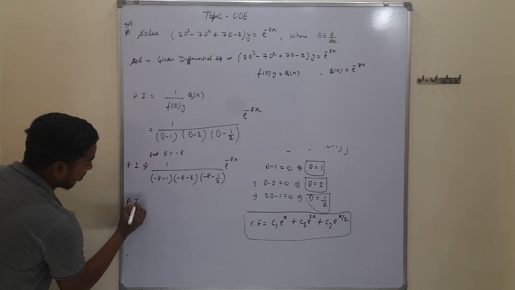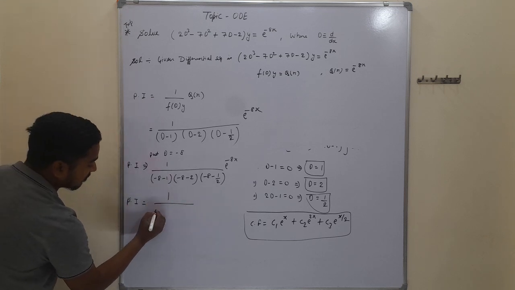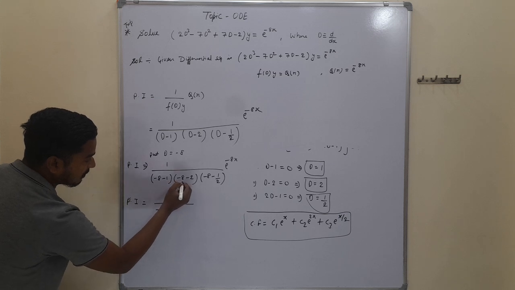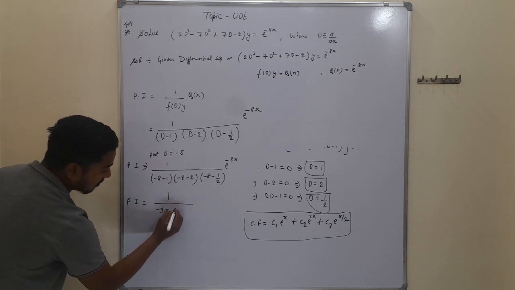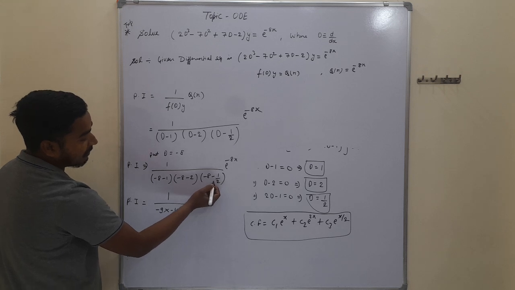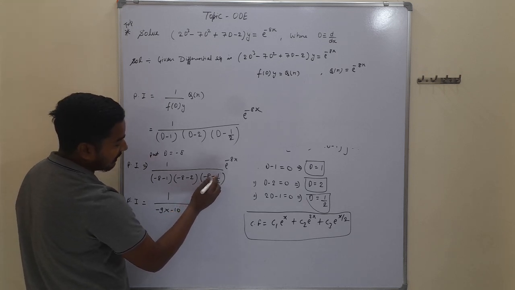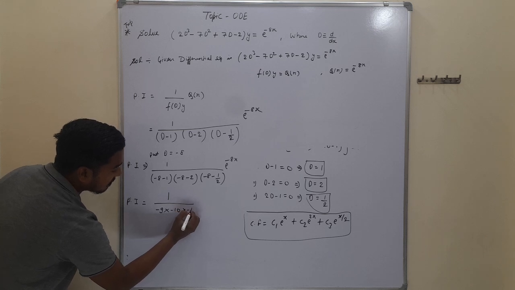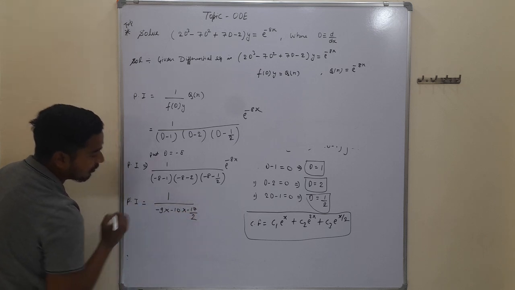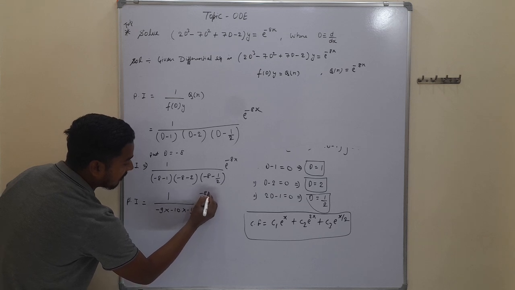Here minus 8 minus 1 is minus 9, and minus 8 minus 2 is minus 10, and here we solve, this is given by minus 16 minus 1, minus 17 upon 2, and from here e to the power of minus 8x.